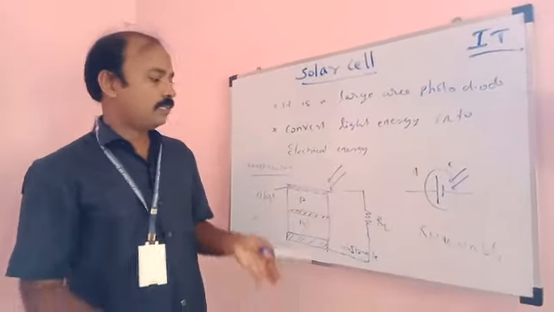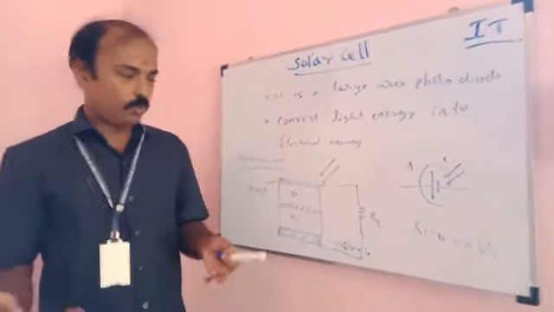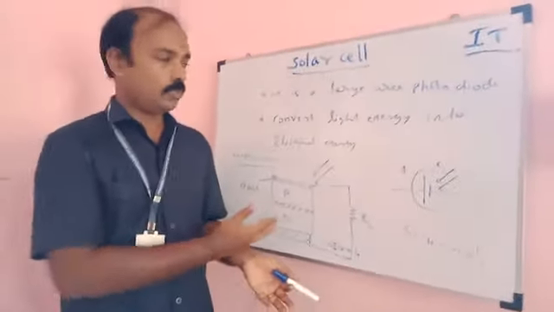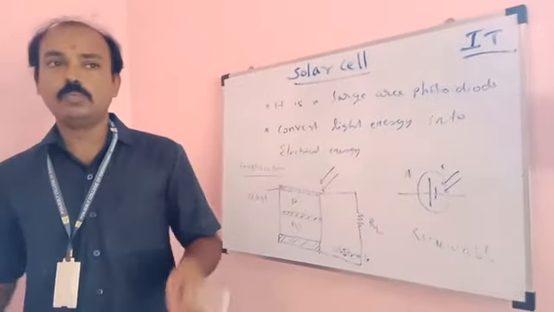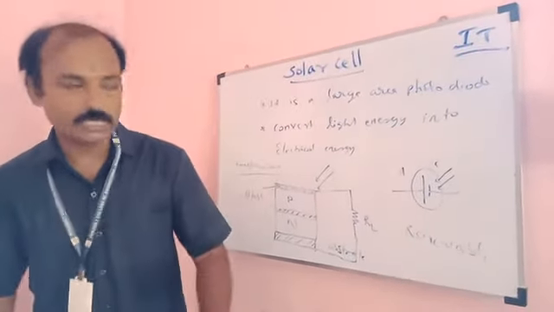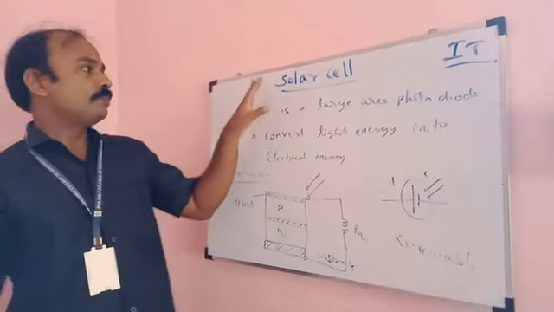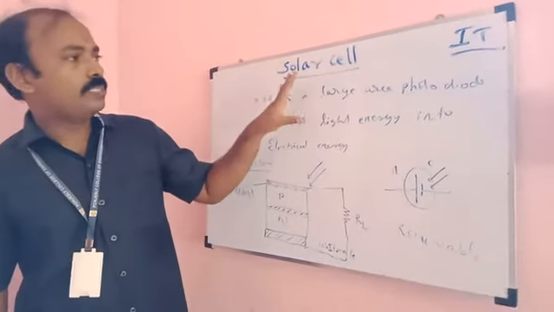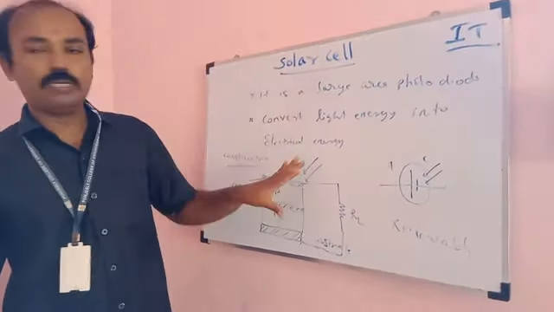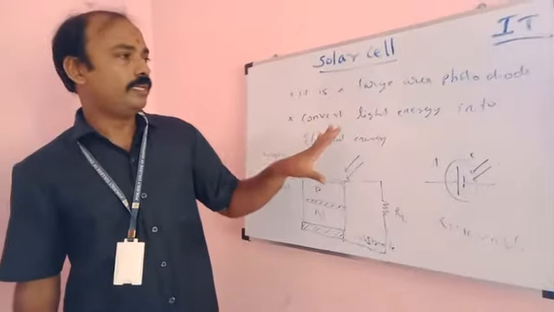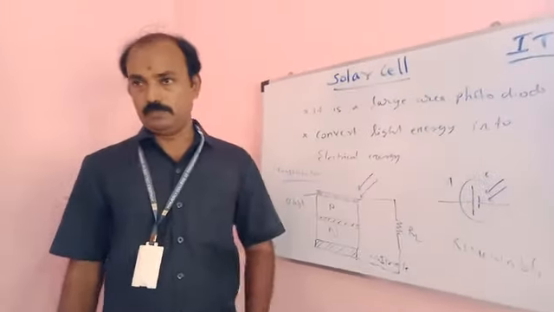As usual, the amount of electricity produced by the solar cell is directly proportional to the intensity of the incident light. So a very easy question. Most probably this is an 8-mark question. So very important question. So learn thoroughly. We'll see in the next video. Thank you.